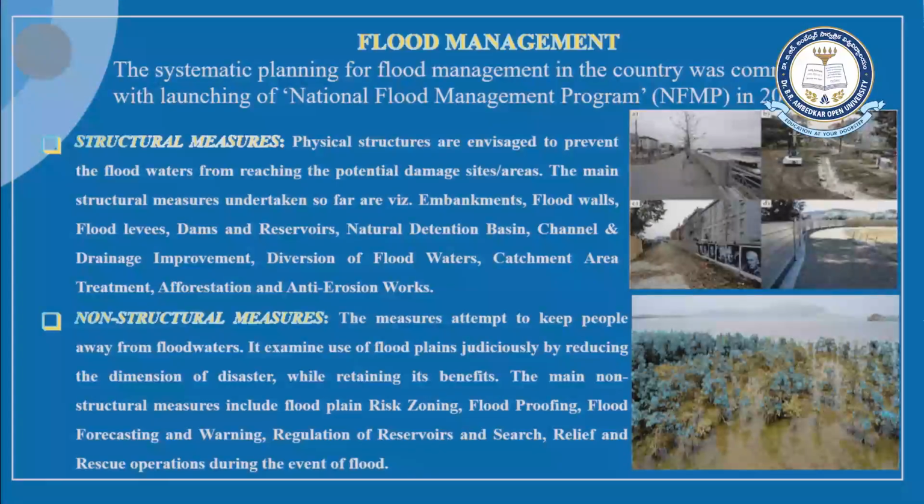The physical structures are envisaged to prevent flood waters from reaching the potential damage sites or areas, and include embankments, flood walls, flood levees, dams, reservoirs, natural detention basins, channel and drainage improvement, diversion of the flood waters, catchment area treatment, afforestation and anti-erosion works, etc.